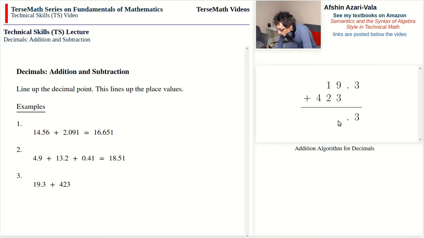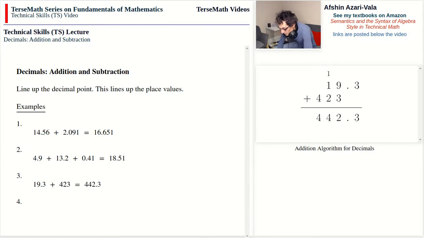We keep the 2, and we turn a group of 10 into 1 10 over here. So 2 and 1. And then we add the 10s, 2, 3, 4. We have 4 10s. And then we'll pull the 4 down. So 442.3.